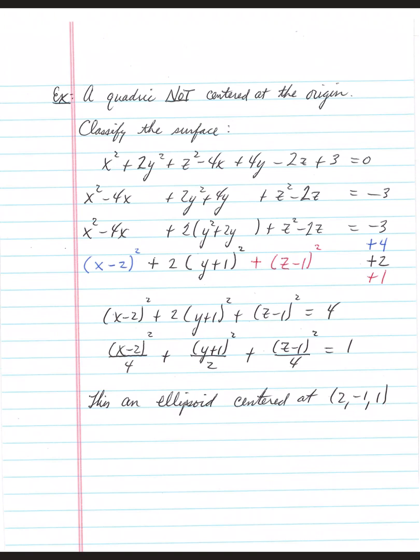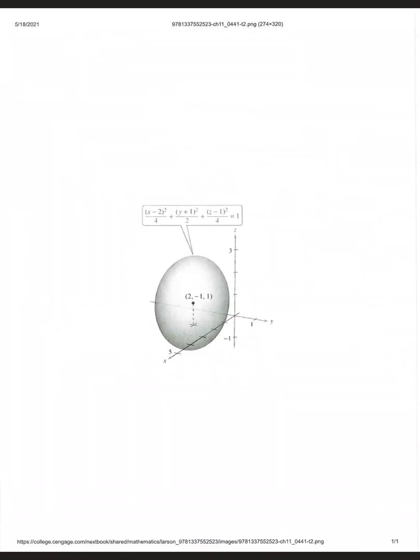I can't draw that very well, so this next slide is just what this ellipsoid looks like. You have the ellipsoid centered at the point 2, -1, 1.